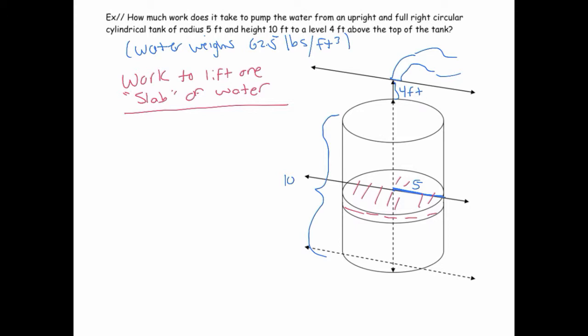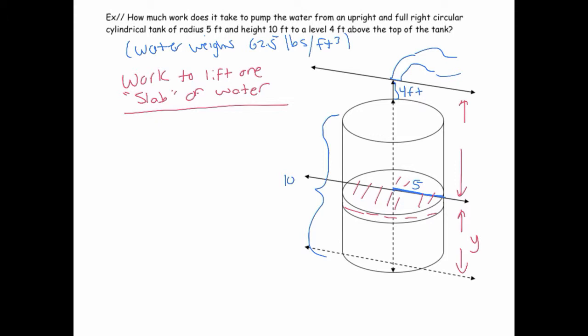Well, we need some variables in here. In this picture, how high would we be lifting this slab of water? Let's assume this slab of water is y units above the ground. I'm going to have to be lifting this distance right here.